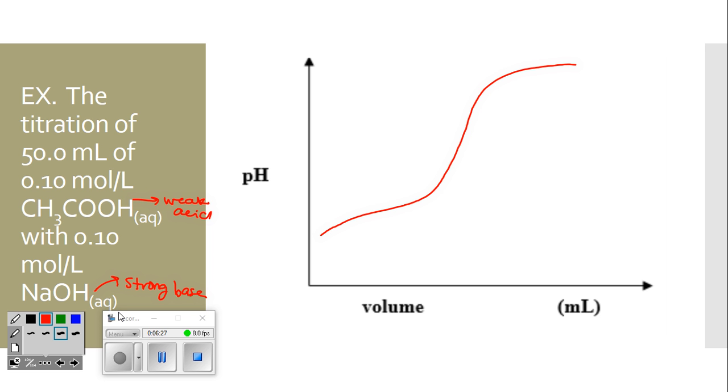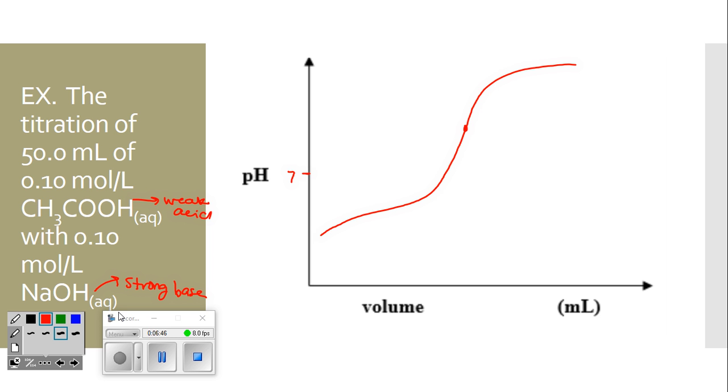Because it was a weak acid with a strong base, let's pretend right about here is 7, but my endpoint is about there. I made my endpoint be higher than 7, because that's what you see when you have a strong base but a weak acid.